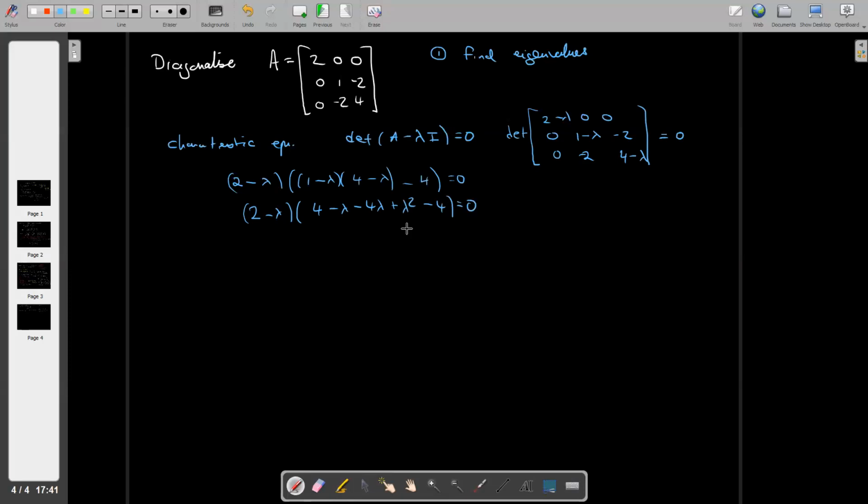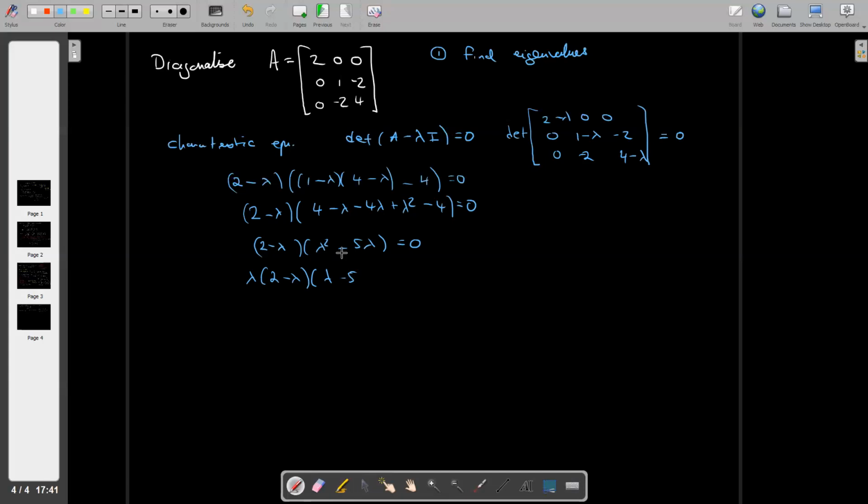But the 4's are going to cancel, and we can simplify to get 2 minus lambda times by lambda squared, take 5 lambda equals 0. But now we can factor out a lambda from this term to give me lambda times 2 take lambda, which is then lambda take 5.